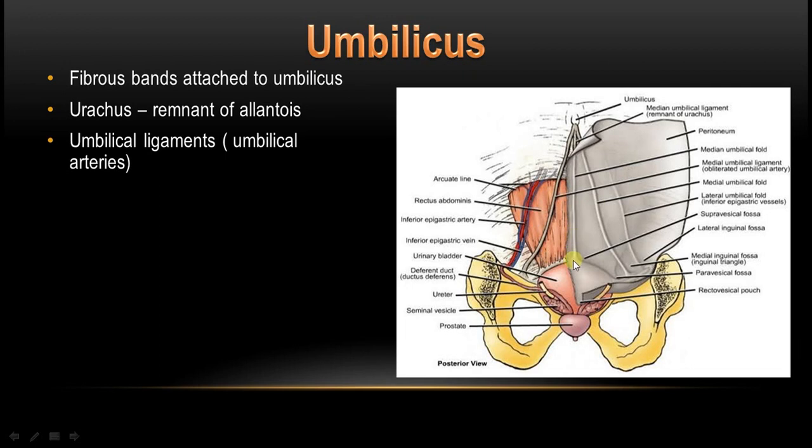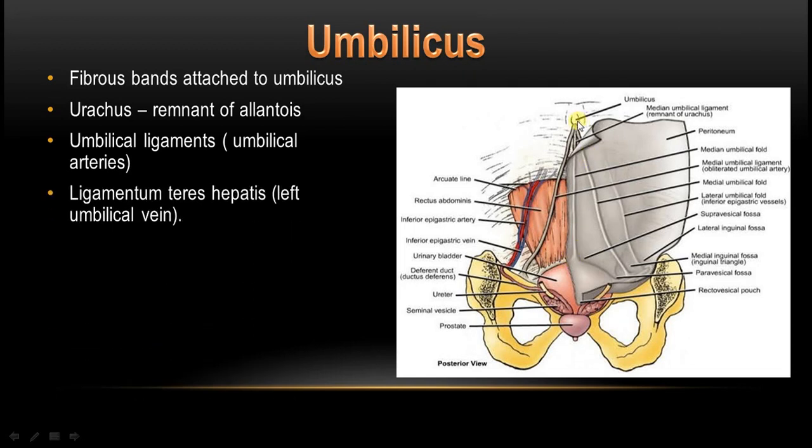Median is actually the remnant of the urachus, which is nothing but your allantois, urachus or allantois. If this is patent, you get urinary fistulas. So this ligament extends from the umbilicus to the apex of the urinary bladder.